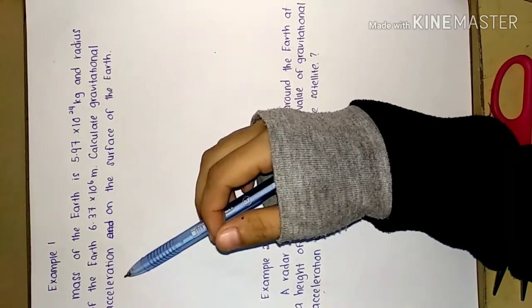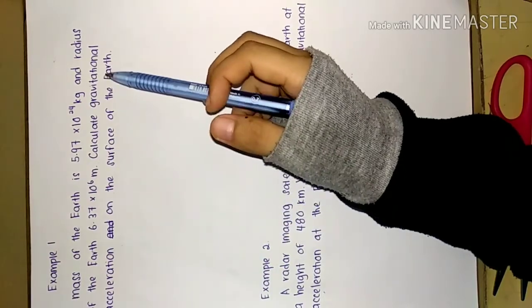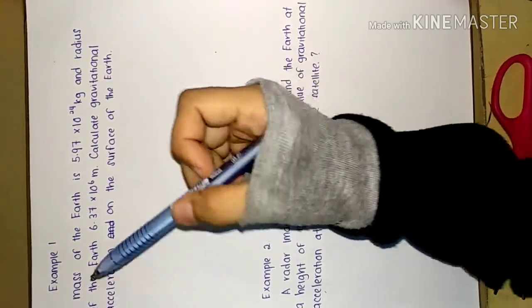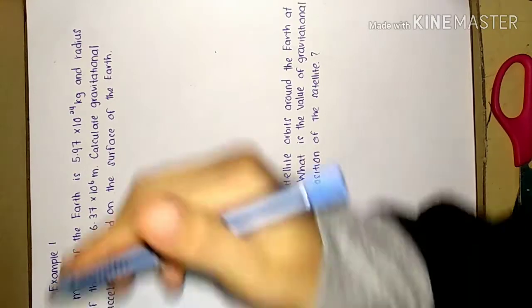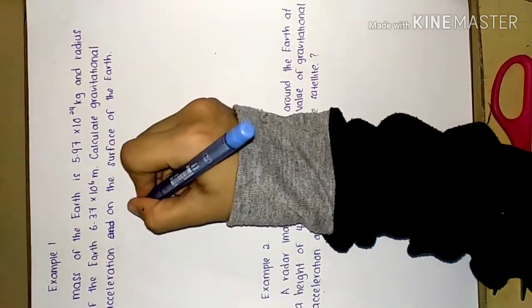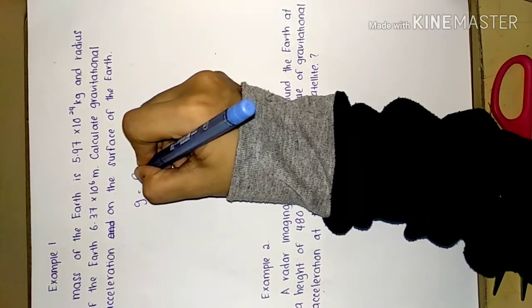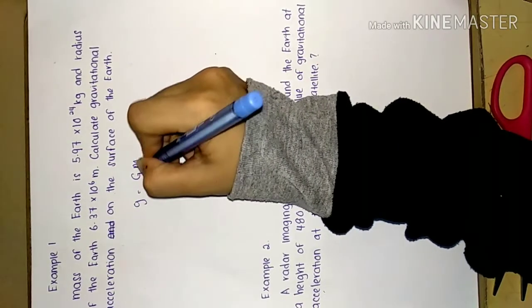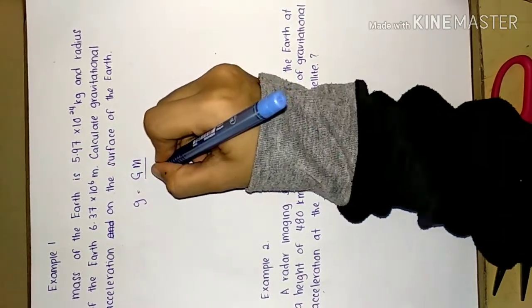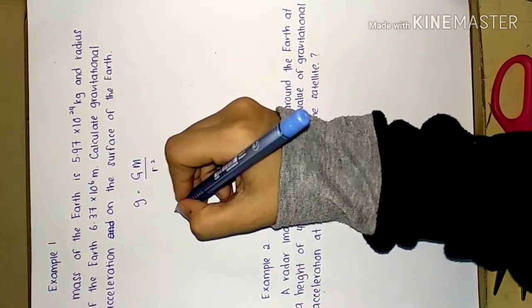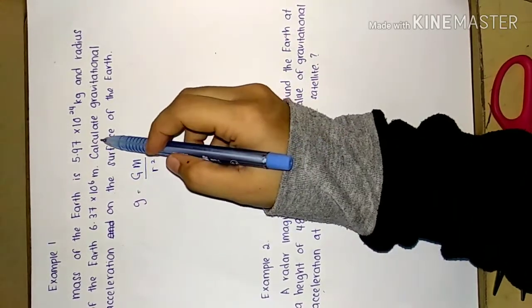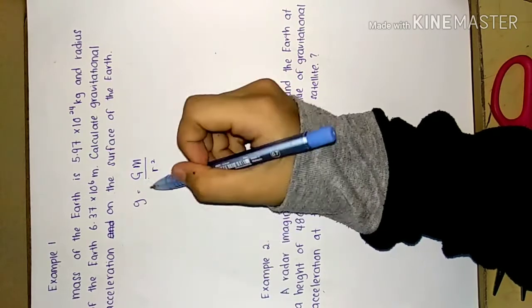Calculate the gravitational acceleration on the surface of Earth. First, let's write down the formula: g equals G M over R squared. We want to find the gravitational acceleration.